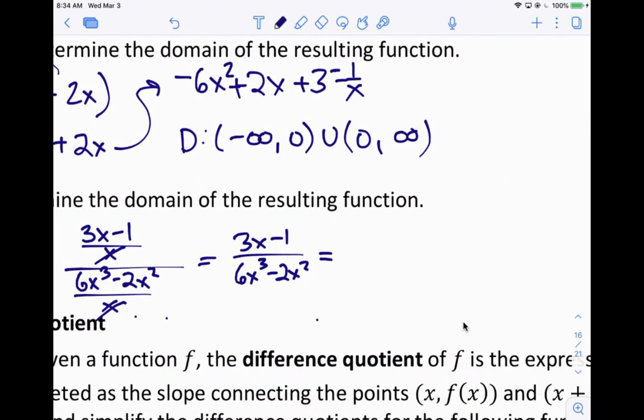We could pull out a 2x squared, and we get a 3x minus 1.